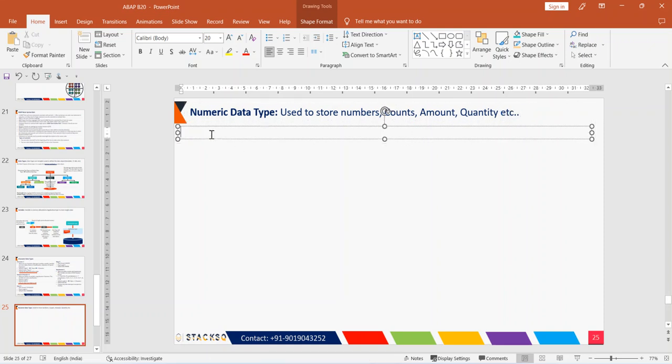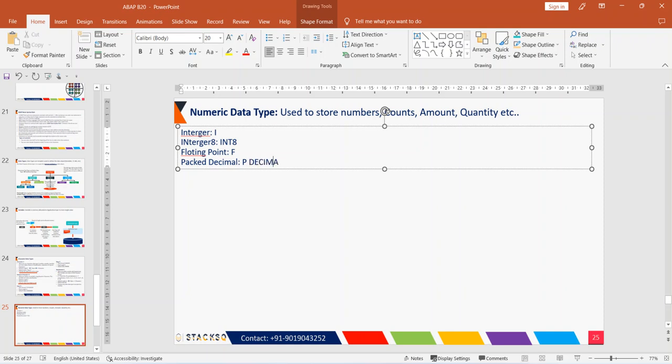There are different types like integer, denoted by I, integer 8, denoted by INT8, and floating point denoted by F, then packed decimal denoted by P, and also if you want additional decimals you can also say decimals.